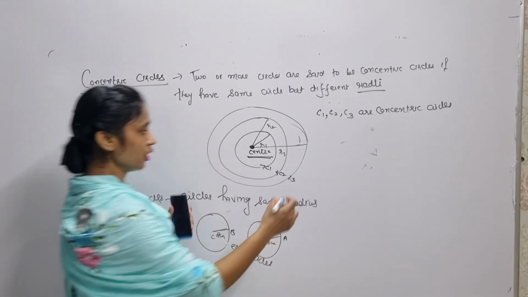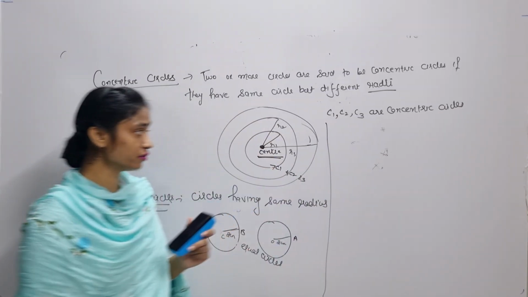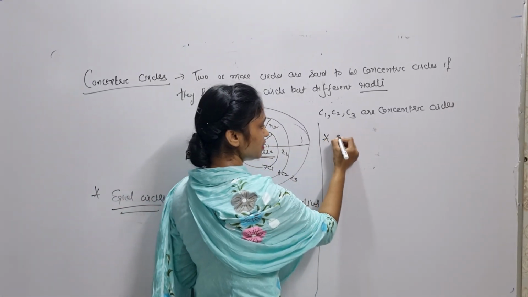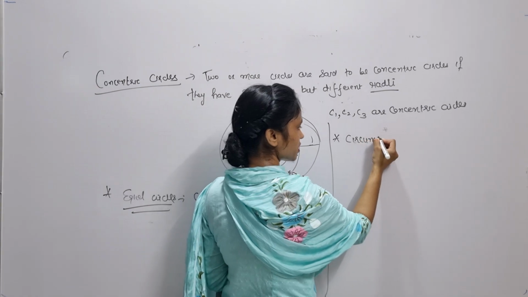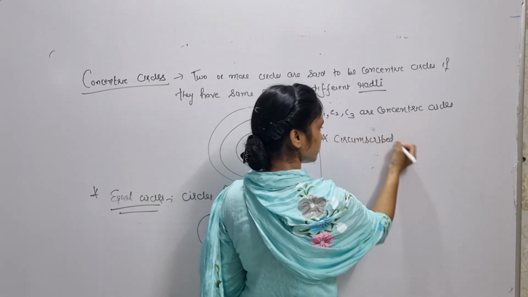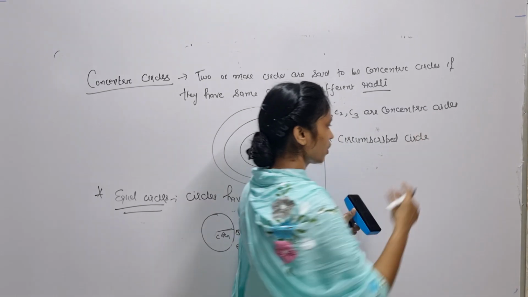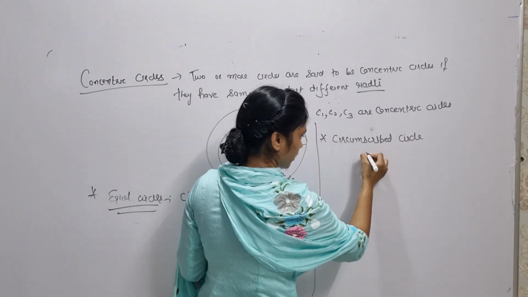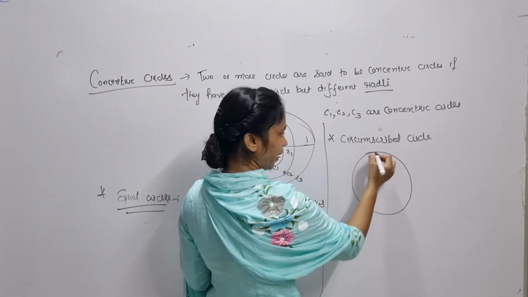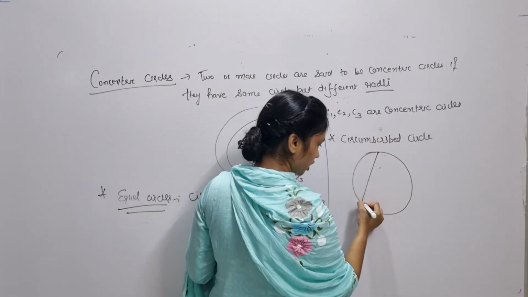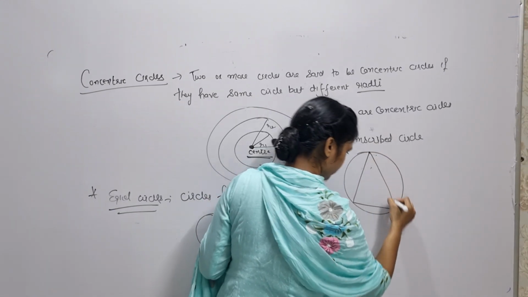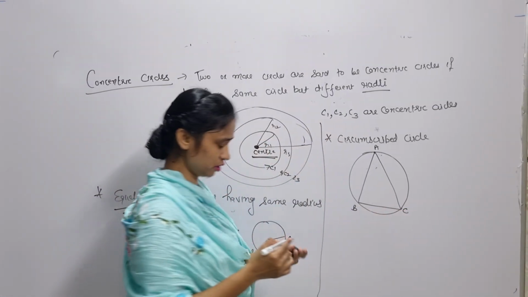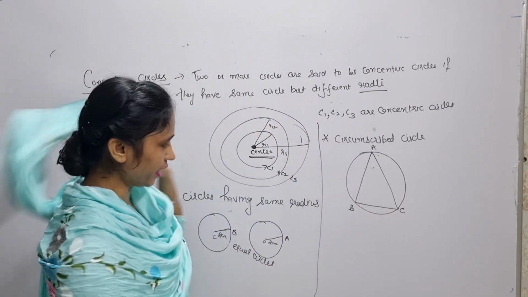Now we will discuss the definition of circumscribed circle. The third one is circumscribed circle. A circumscribed circle is a circle which passes through each vertex of the polygon. Suppose this polygon is a triangle which I have denoted by ABC.